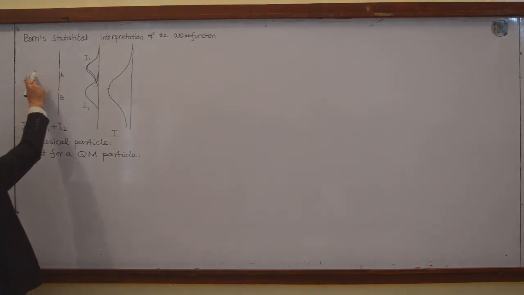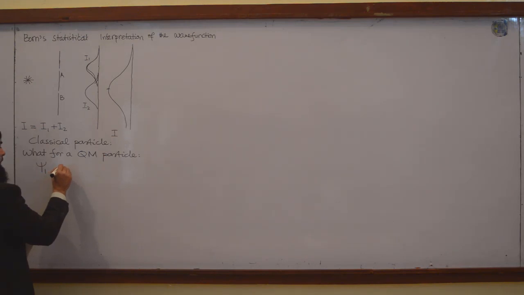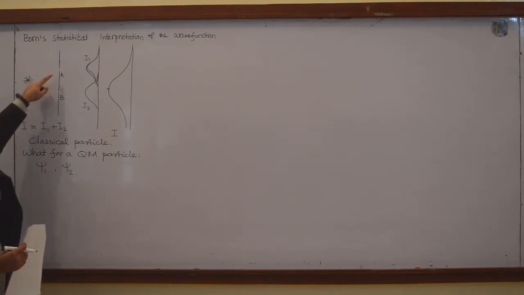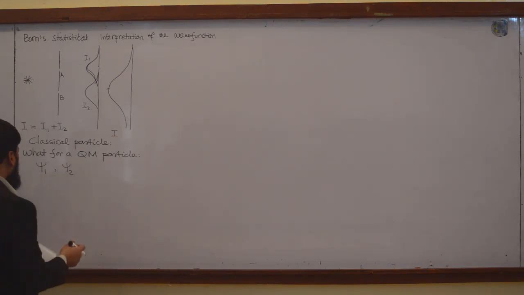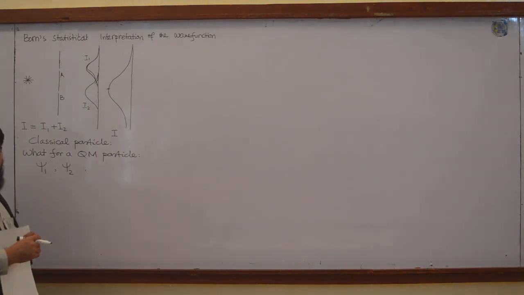Let's say for the particles going through slit 1 I write psi 1, and the ones going through the other slit are psi 2. The particles going from slit 1 are psi 1, and the particles going from slit 2 are psi 2.